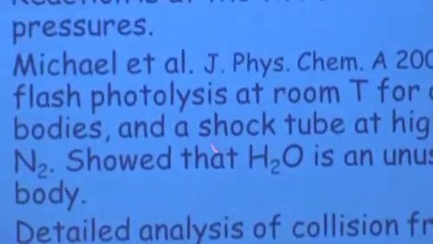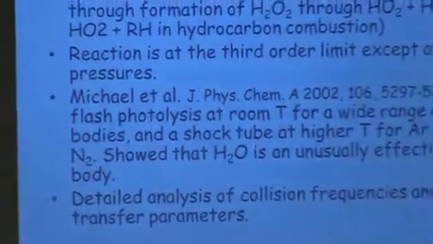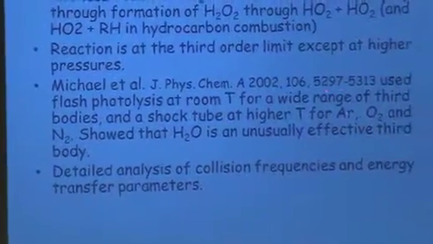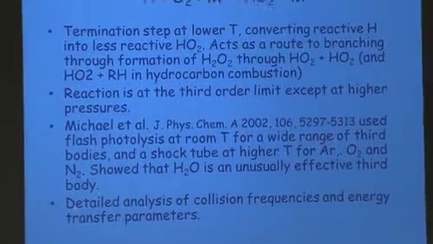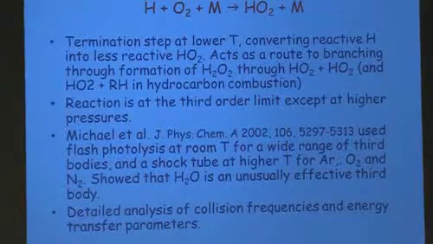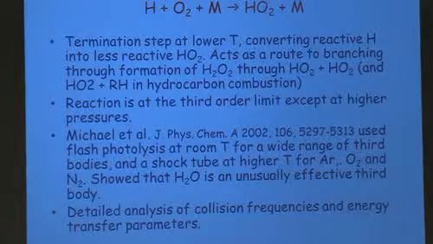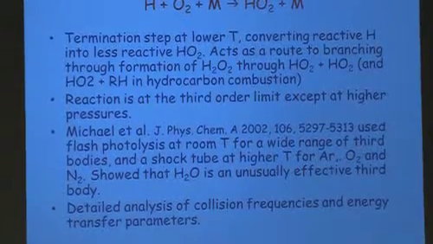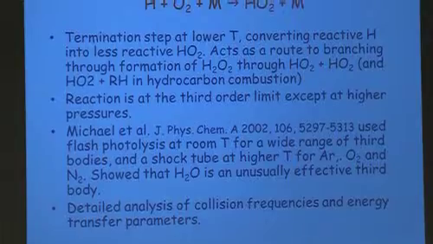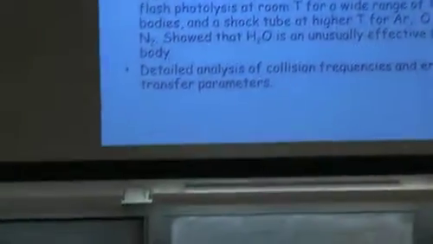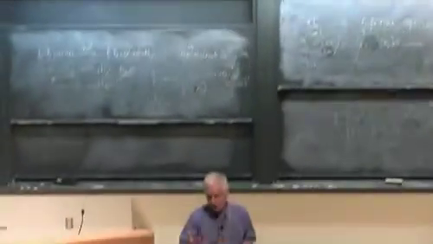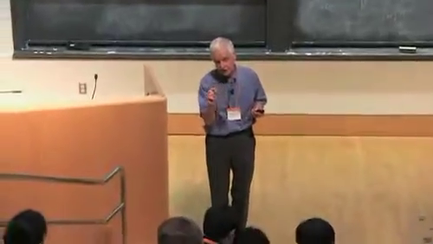So experiments: Michael et al. did a wide range of experiments using flash photolysis at room temperature and a shock tube at higher temperatures, with argon, oxygen, and nitrogen as third bodies, and also water. And they found that water had an unusually strong effect. Water is a very, very efficient third body. Remember, the function of the third body is to remove energy from the adduct HO2.